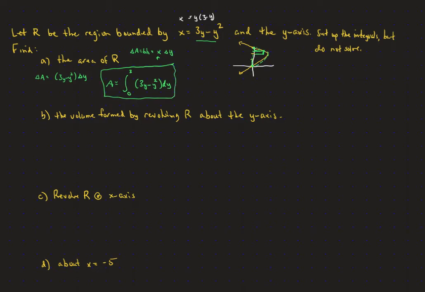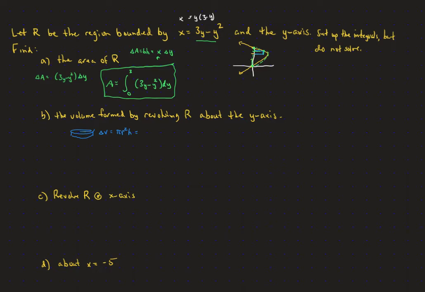Now we're going to imagine revolving that about the y-axis. So we're going to use our same rectangle. As we spin that rectangle around the y-axis, we're going to get a disk. And a disk has a delta volume of pi r squared h.